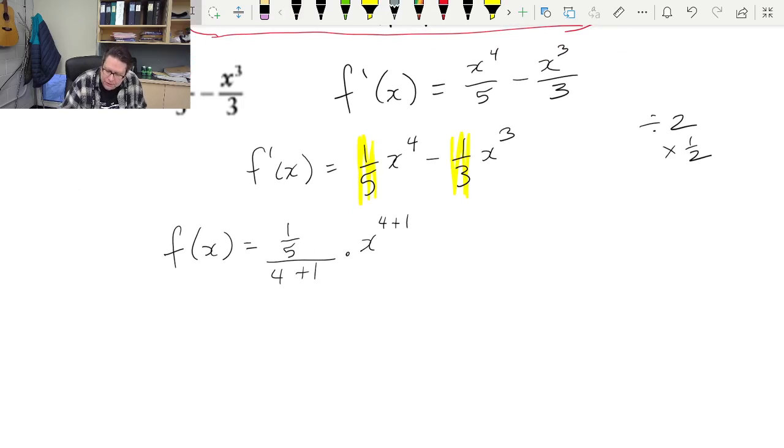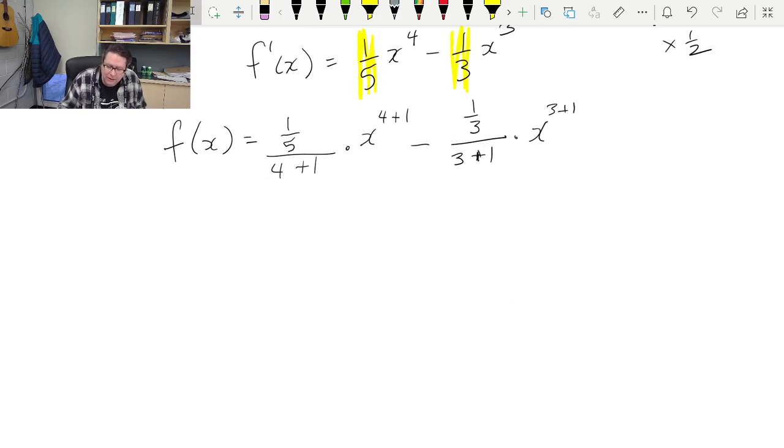That took care of the first term, minus the second term, which is 1/3 all over n plus 1, times x to the 3 plus 1. And there we go. Now all I've got to do is simplify that, and I've got my answer.